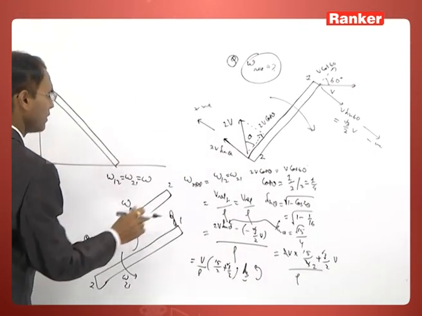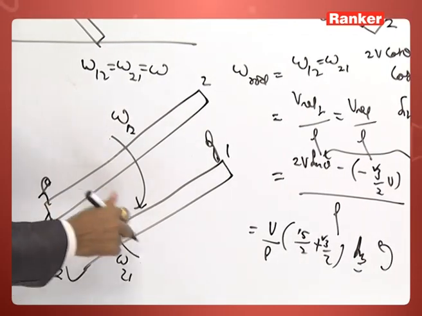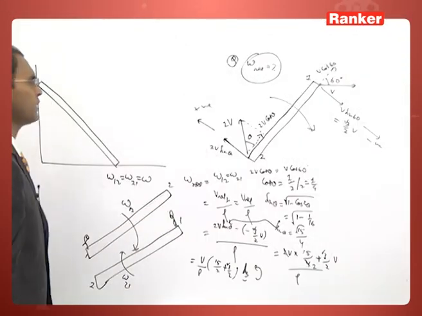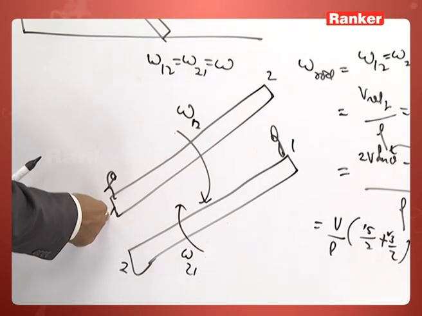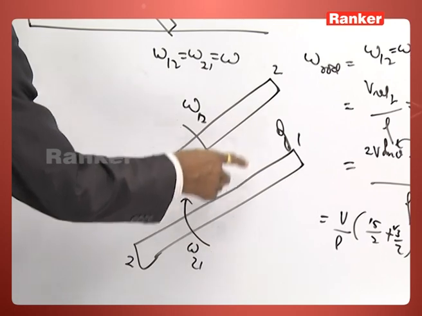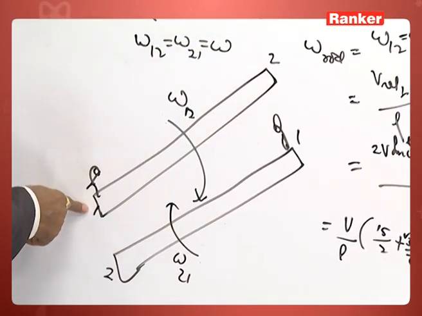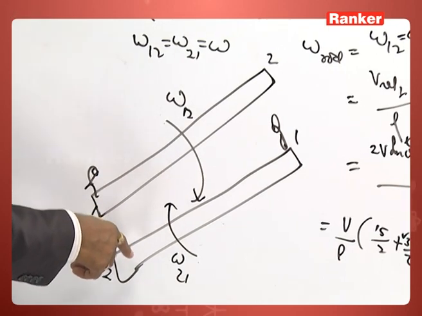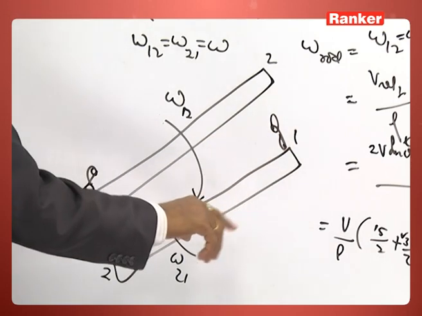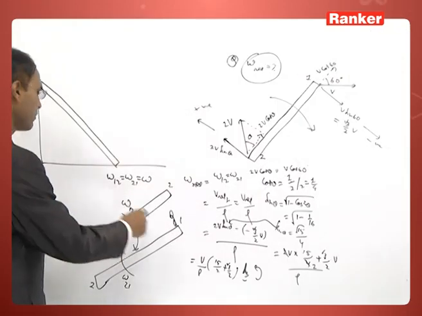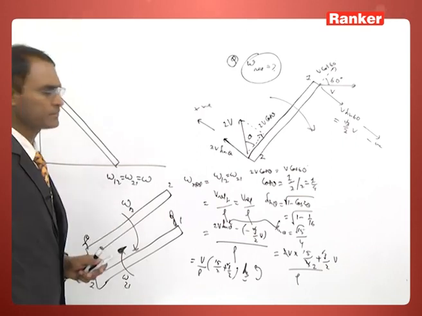In clockwise sense. 2 rotates in clockwise sense with respect to 1. 2 revolves or turns with respect to 1 in clockwise sense with the same angular speed, and that is the angular velocity of the rod.